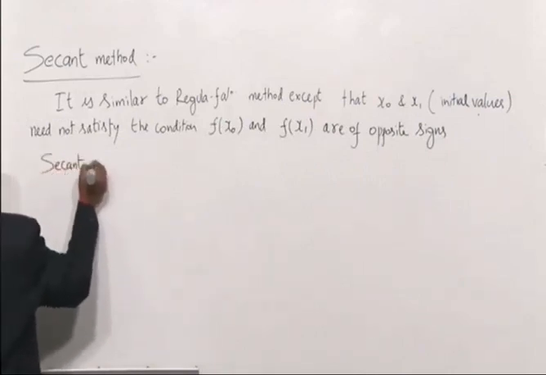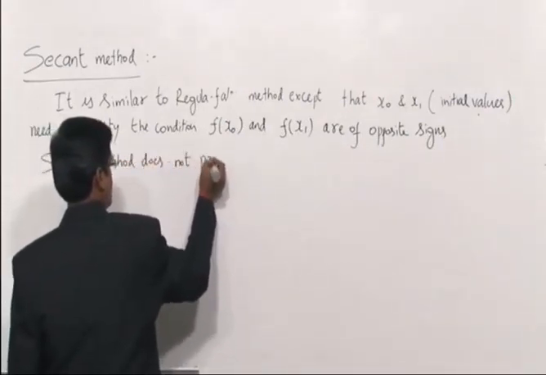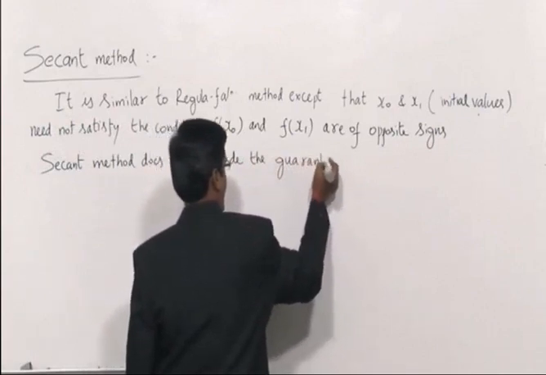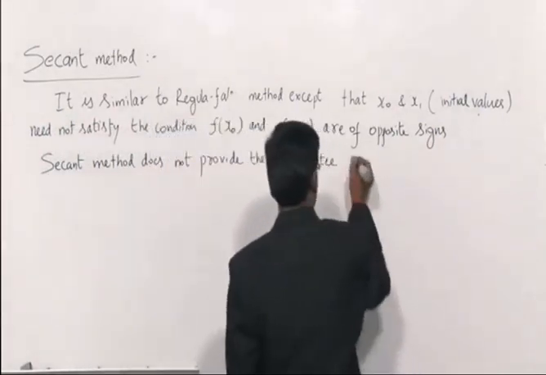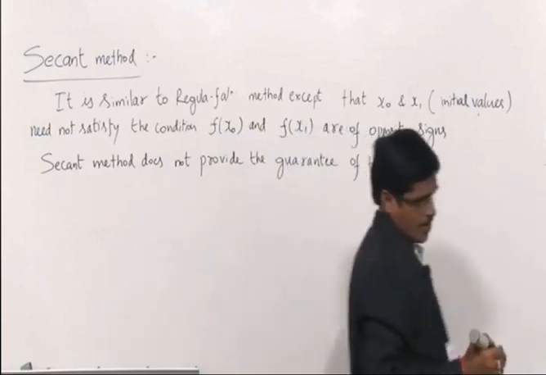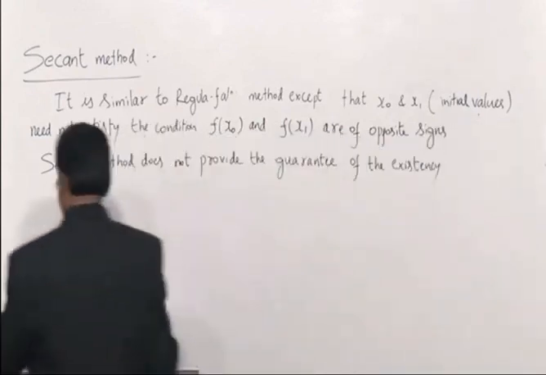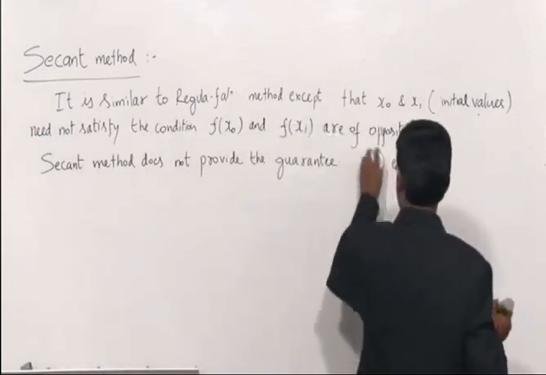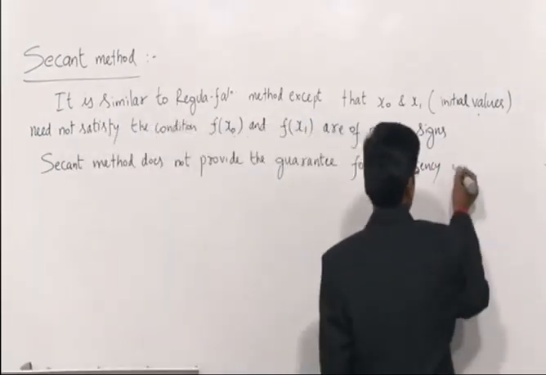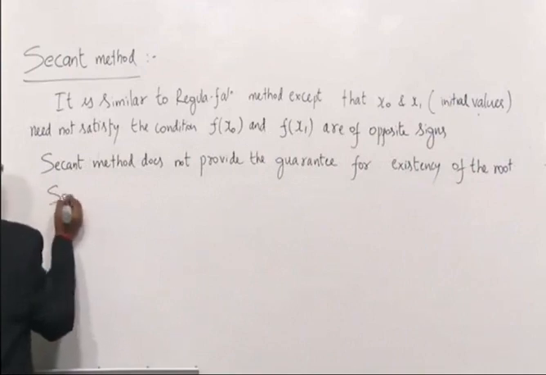The secant method does not provide the guarantee for the existence of the root, so it is unreliable.